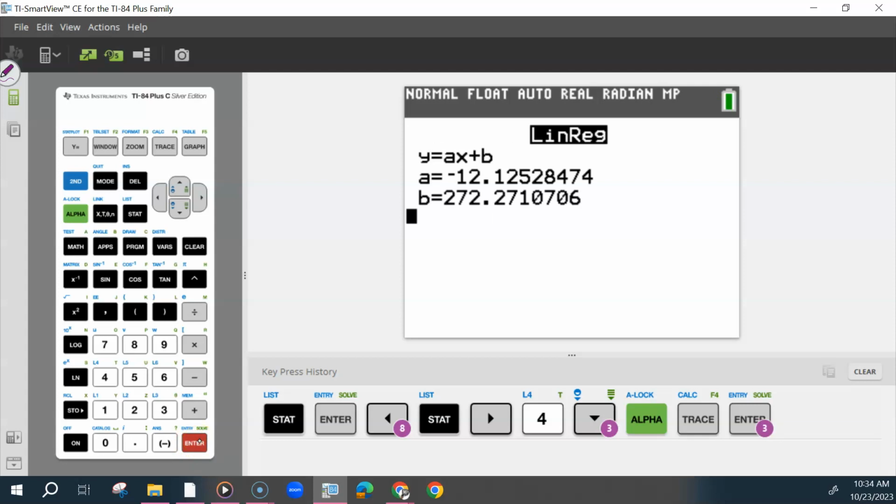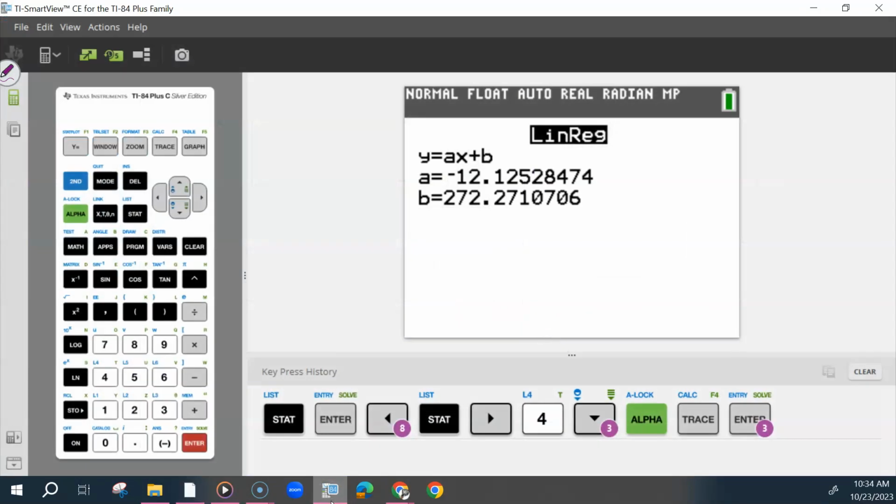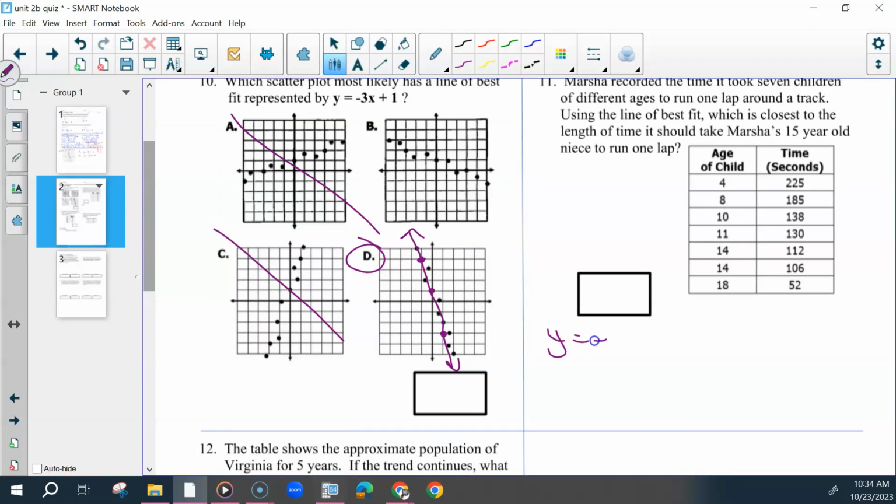Even if it does not ask, you should be putting your line of best fit. That way I know if your answer is wrong, maybe your equation was wrong or something like that. Some of you wrote down everything. Some of you wrote down at least 3 decimals. So negative 12.125 x plus 272.27.